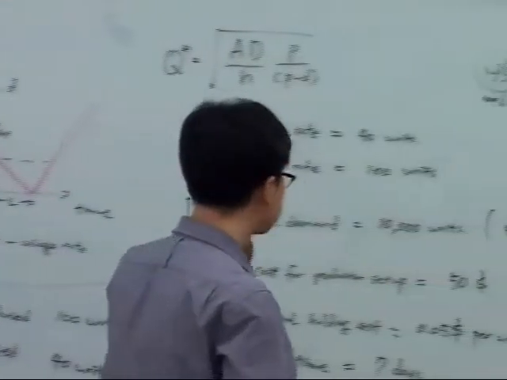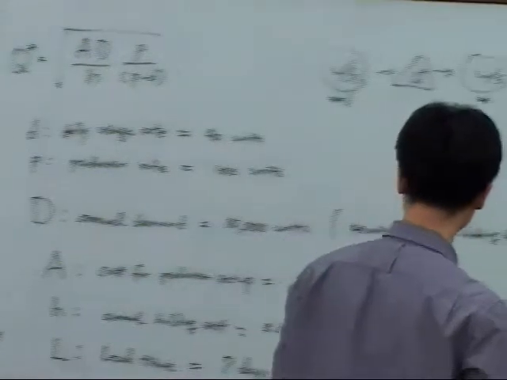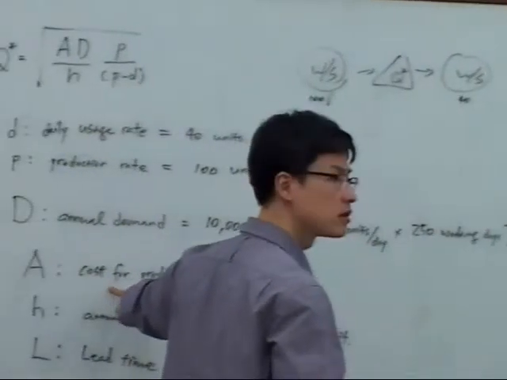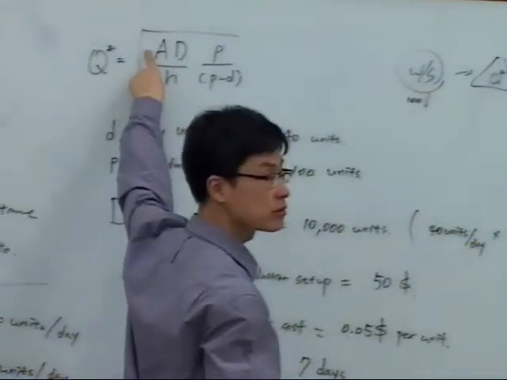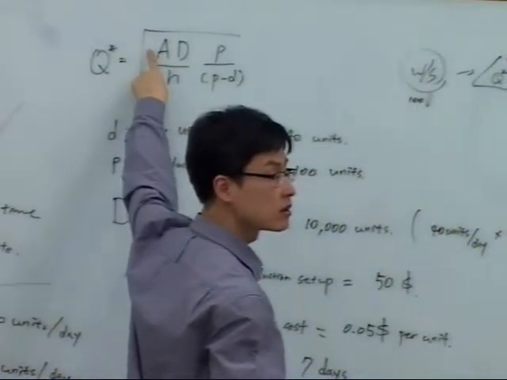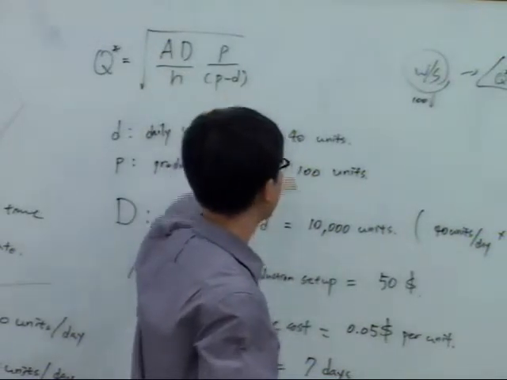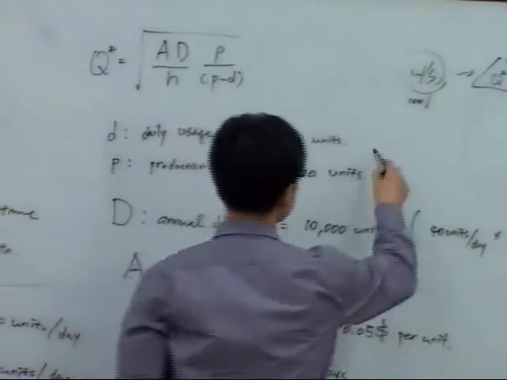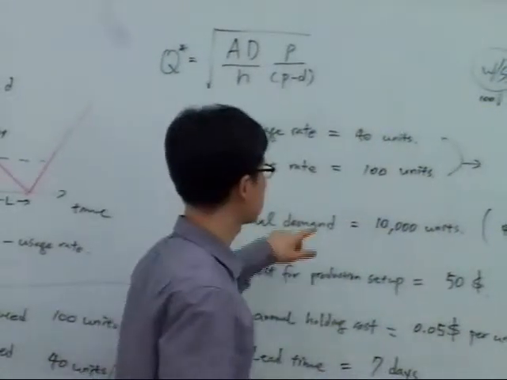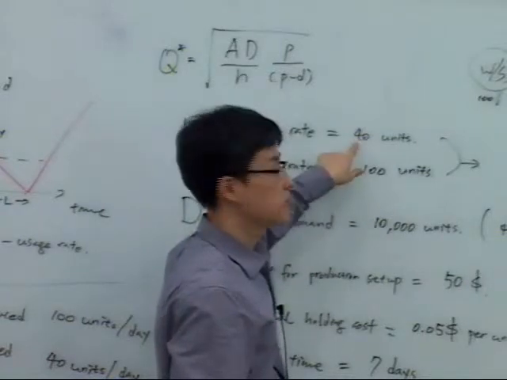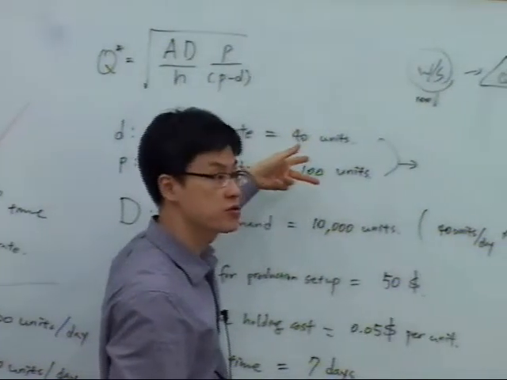What happens if the production rate becomes equal to the usage rate? If P equals D, it's not P greater than D. Ah, okay. Good point. As I mentioned here, I said 100 is larger than 40, so it is possible. But what if this is exchanged?